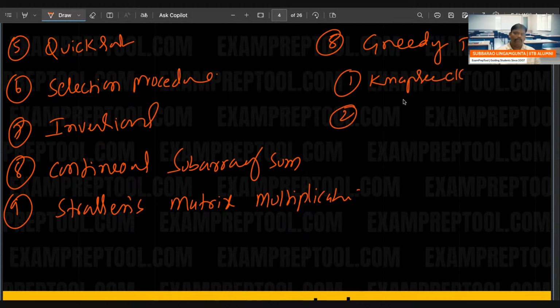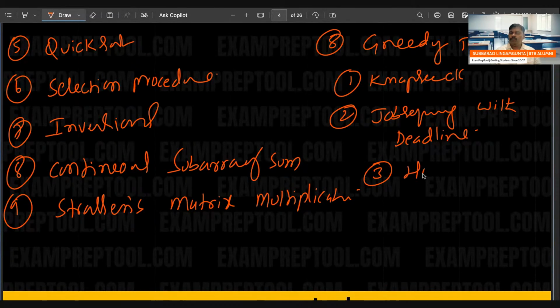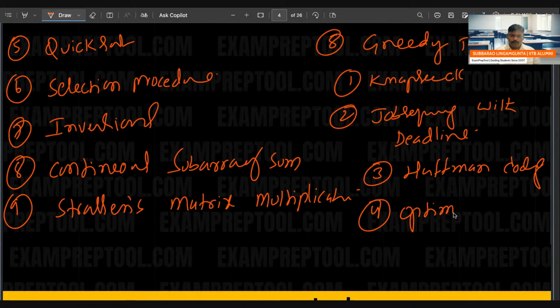Second one, job sequencing with deadline. Third one, Huffman coding. Fourth one, optimal merge pattern.